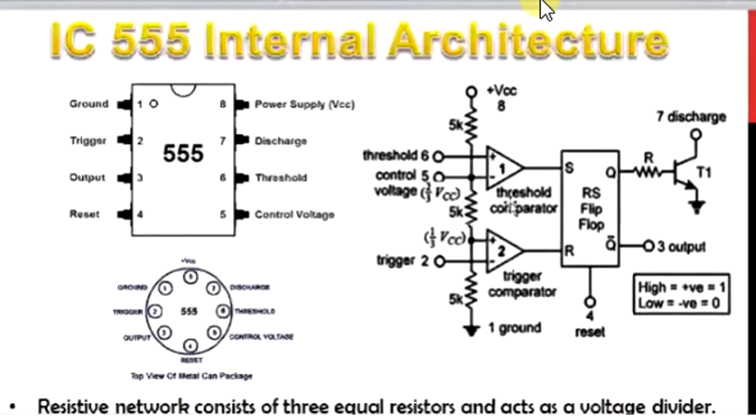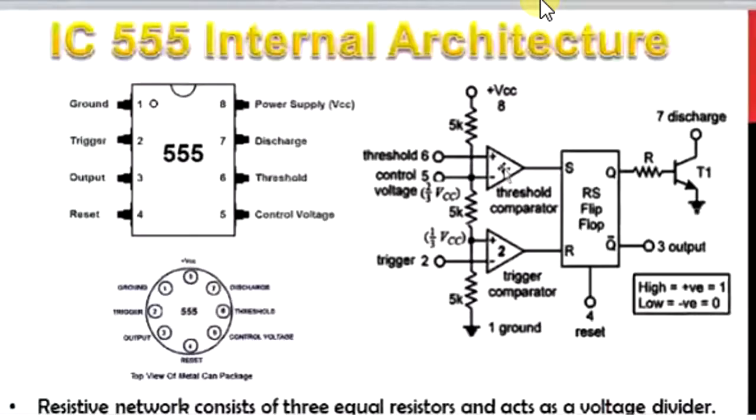The plus VCC is given through this 5 kilo ohm, and this will be equally divided into three parts. So at this point the plus VCC becomes 2/3 VCC. This is connected to the first comparator. These 1 and 2 are comparators.